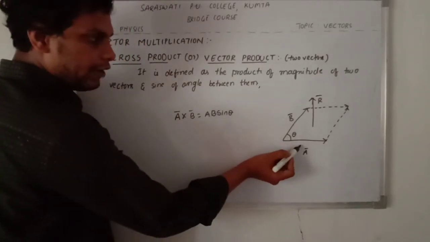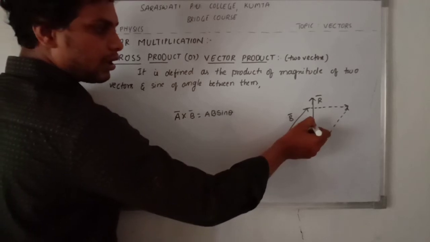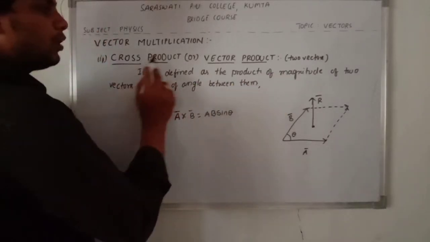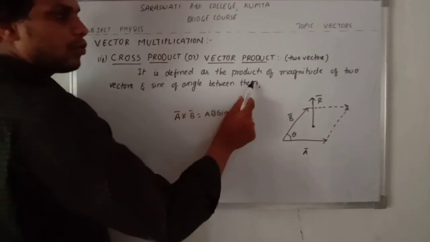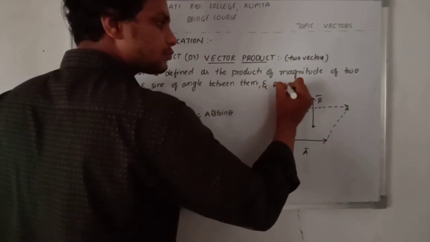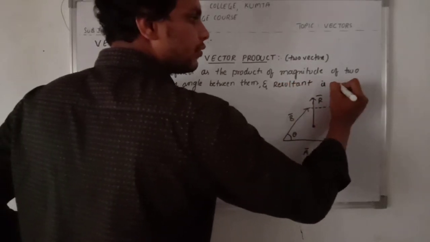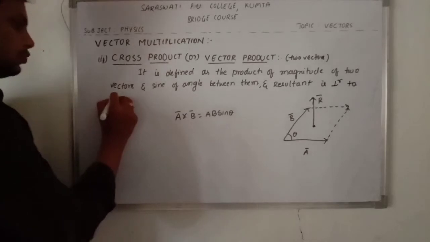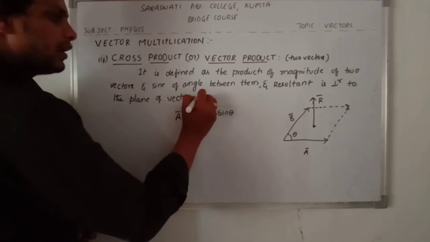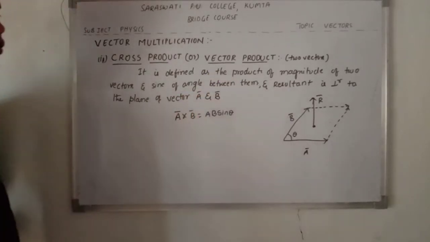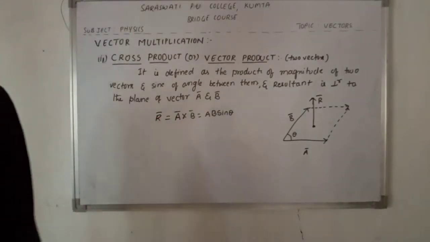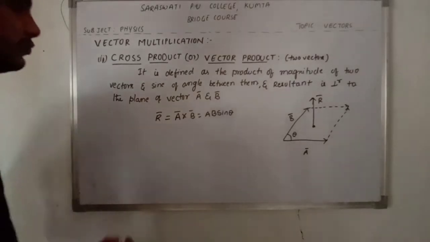Now listen, this R bar is always perpendicular to the plane of a bar and b bar. So the cross product or vector product is defined as the product of magnitude of two vectors and sine of the angle between them, and the resultant is perpendicular to the plane of vectors a bar and b bar. That resultant we will consider as R bar. Clear?